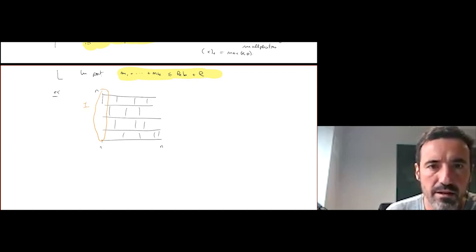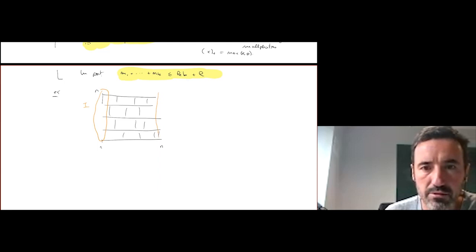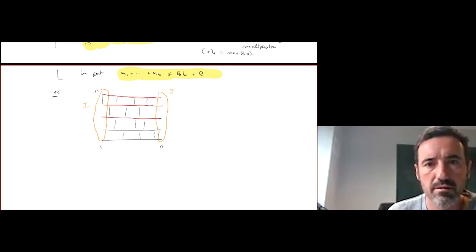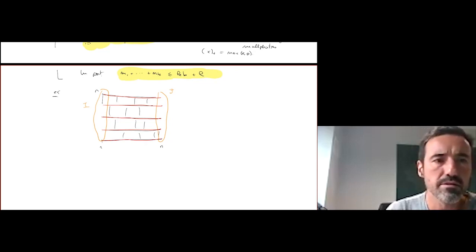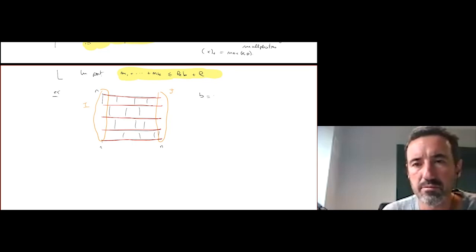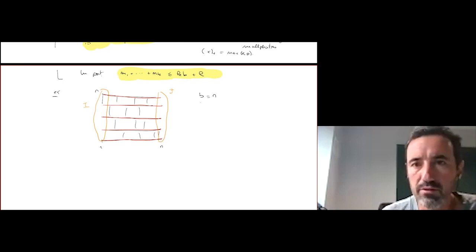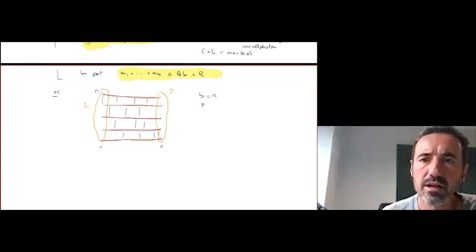Let's say that this is I with cardinal b equal to n. This is J. And of course, there is an obvious minimal path matching, which is just the straight lines. So it is unique. And so in this setting, the number of paths that you take is b equal to small n, and the number of leftover vertices L is 0.